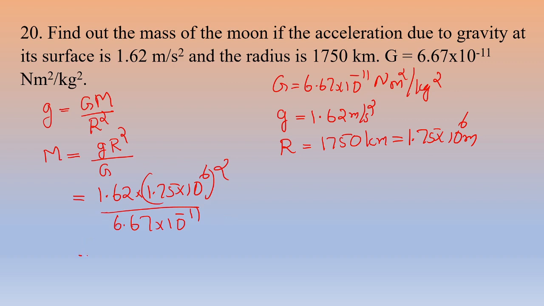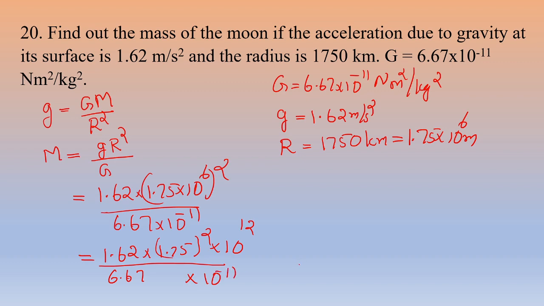You can complete the calculation: 1.62 into 1.75 square into 10 raised to 12 divided by 6.67 into 10 raised to negative 11. Let us arrange it: 1.62 into 1.75 square divided by 6.67.